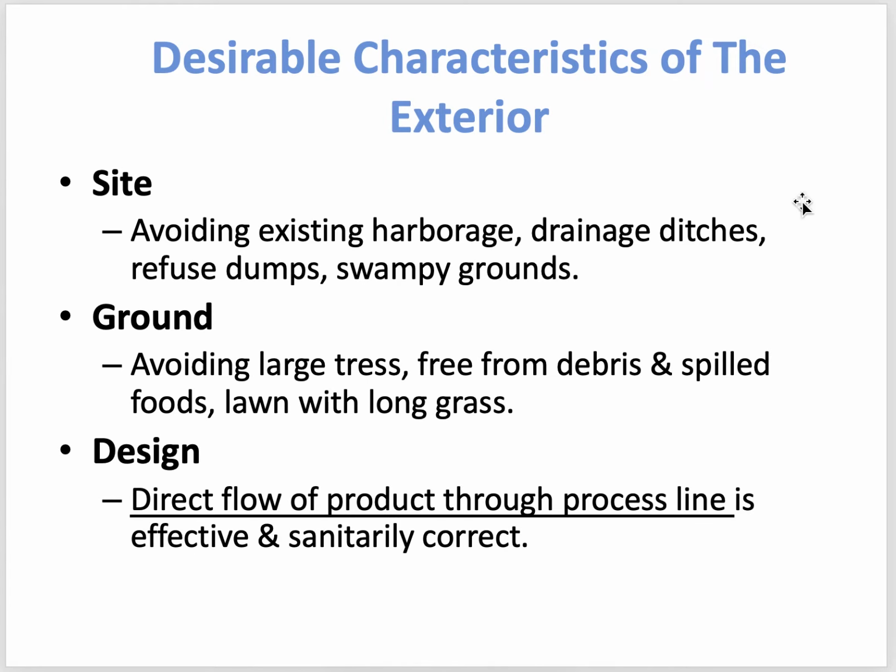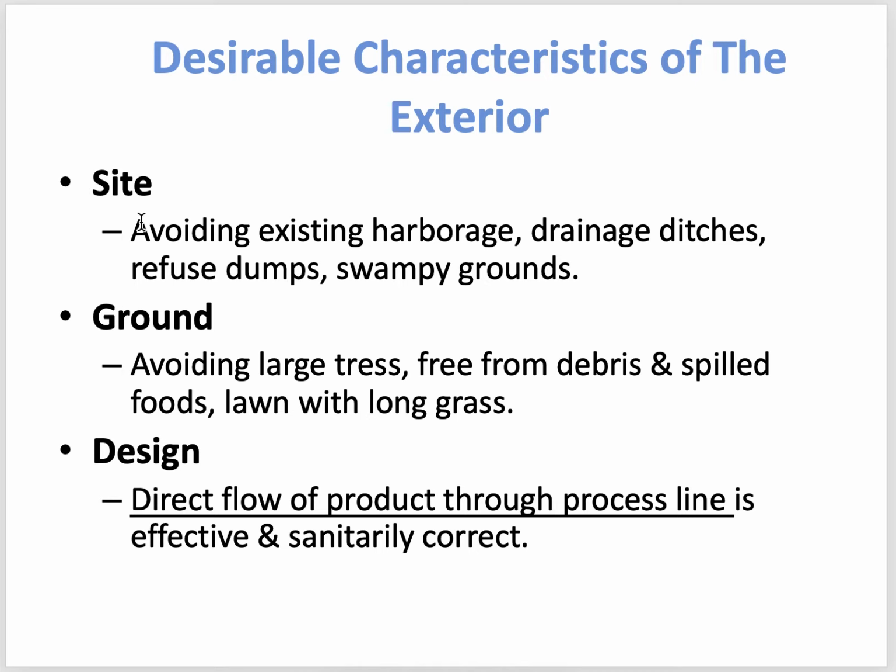Now let's talk about the characteristics of the exterior of the plant. The area where your plant will be situated should have some desirable or accepted characteristics, for example the site of your plant.